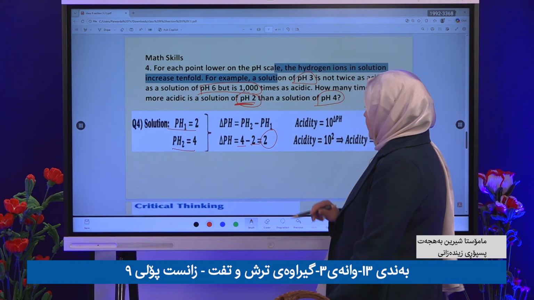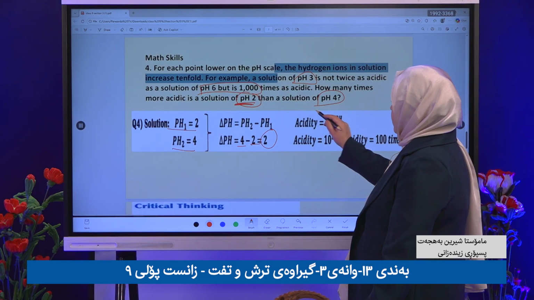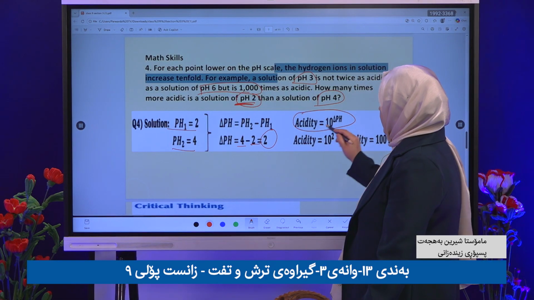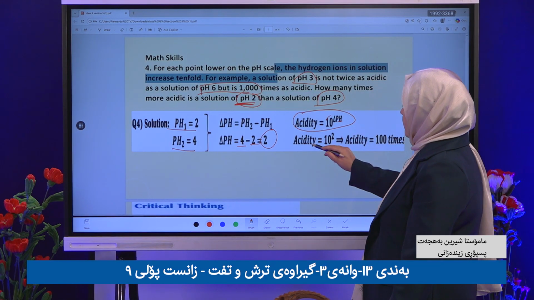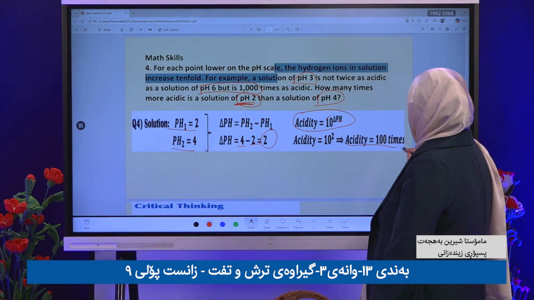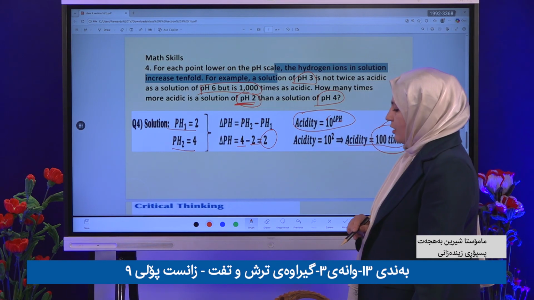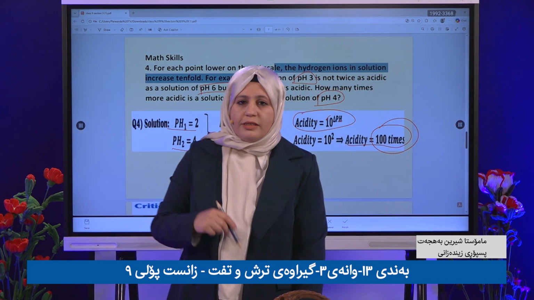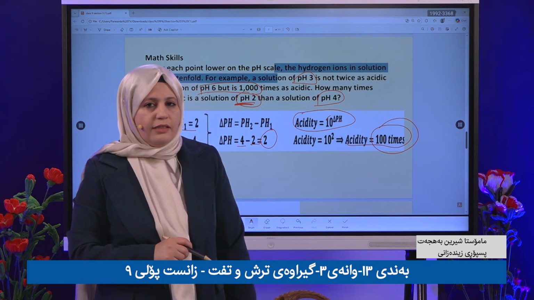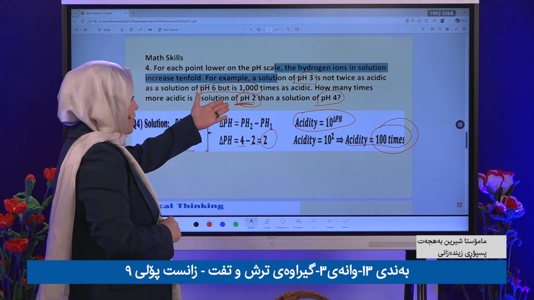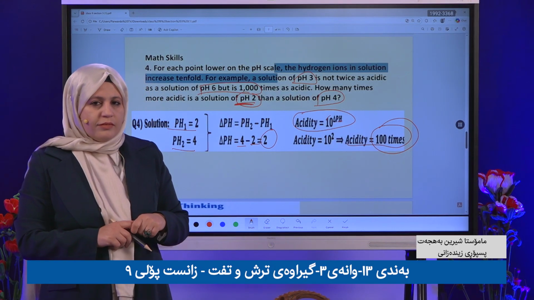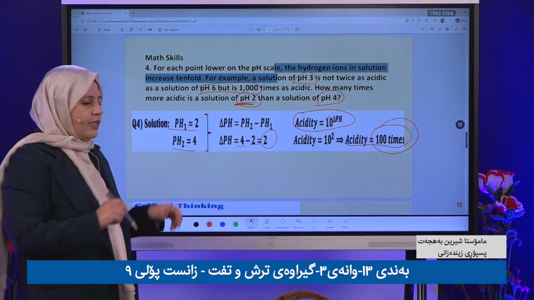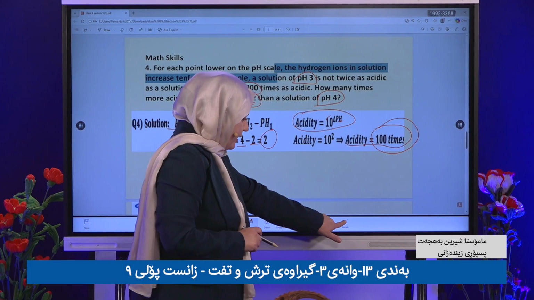Clear? So acidity is 10 to the power of delta pH, so it is 100 times more acidic. Clear? Get it? So it is solved logically.